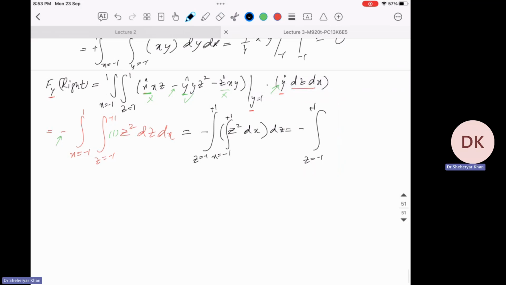So the integration of z square with respect to x is x z square.